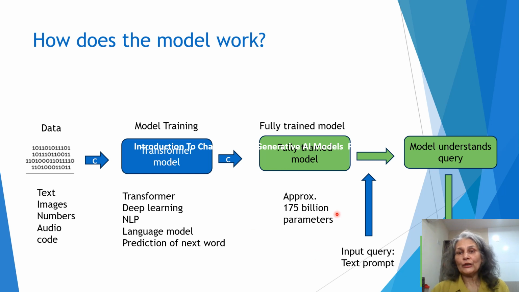Once you have your fully trained model, you can query in a prompt. And once you query in the prompt, the model will understand your query and output relevant text, or it can come up with an image as I've been describing to you, or it can come up with code. There are many things that the model can do. So this is in a nutshell how the model works.